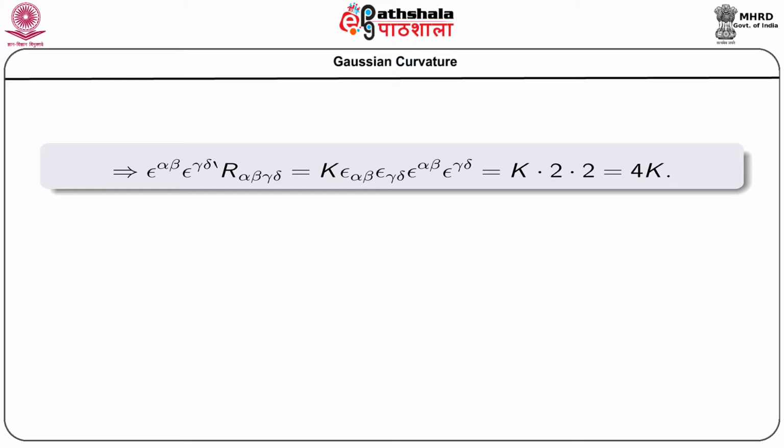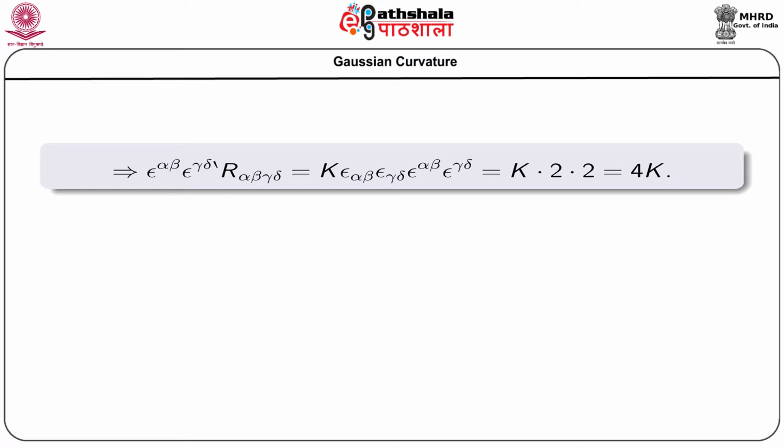Now, if we take the inner product with epsilon alpha beta epsilon gamma delta on both sides, we get that epsilon alpha beta epsilon gamma delta R' alpha beta gamma delta equals K, because if we just calculate this index in the right hand side, we are getting this 4K.